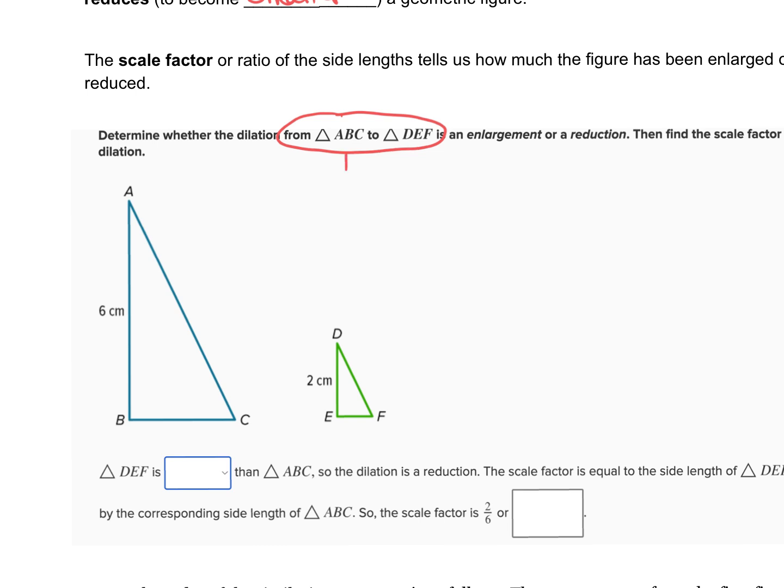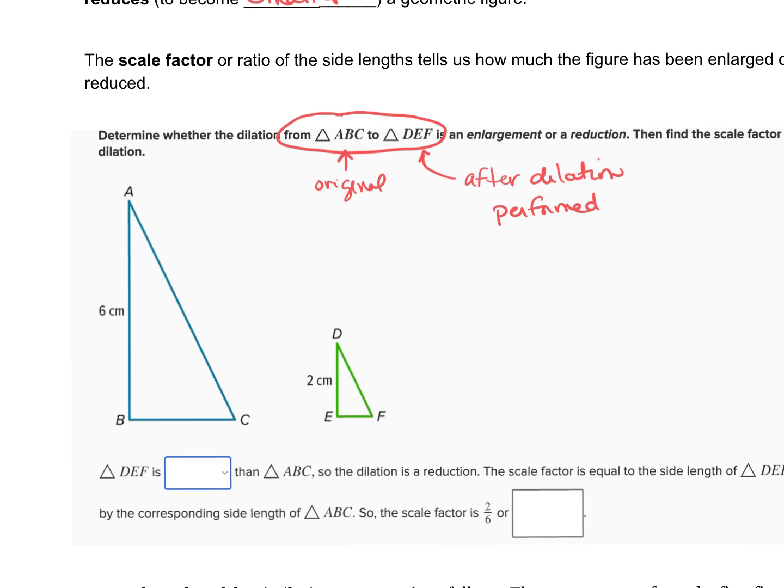Okay, so this tells me that ABC is the original triangle, and DEF is the enlargement or reduction after the dilation has been completed or performed.